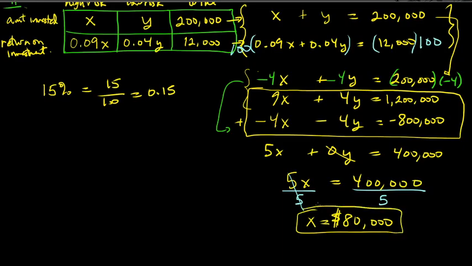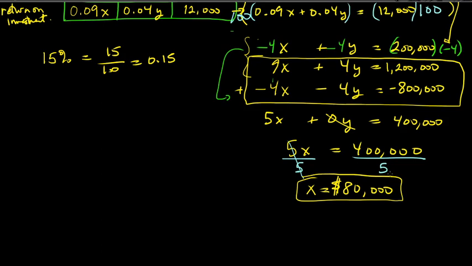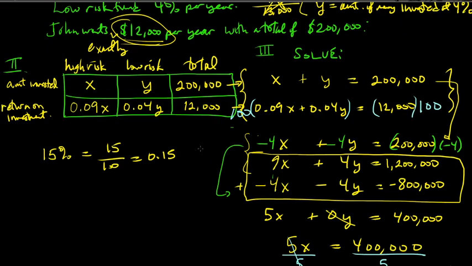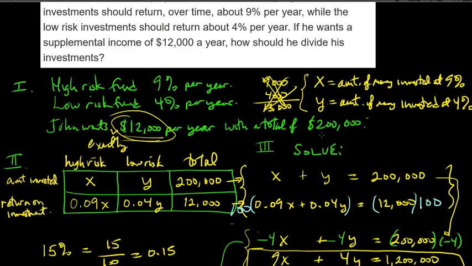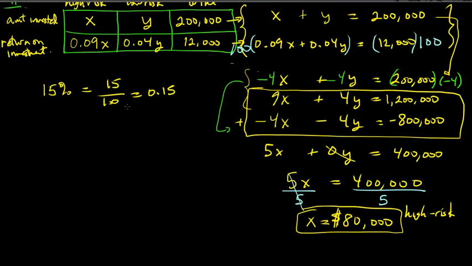$80,000 for X. X is the high risk fund, right? So we'll come back to that, but just as a reminder, this is the high risk fund. And then for the low risk funds, we're looking for Y. But when you look at the first equation, X plus Y equals 200,000.